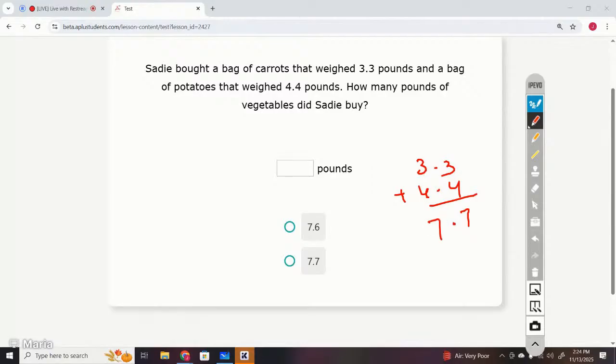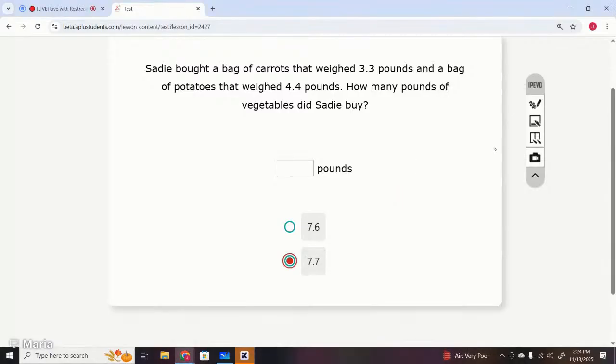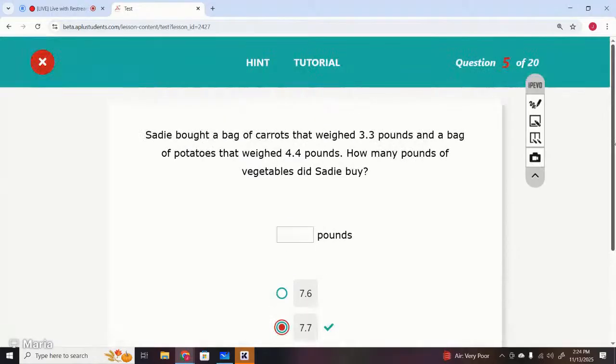That is 7.7. Option number 2 is the correct option. That means the total vegetables he bought is 7.7. Got it?